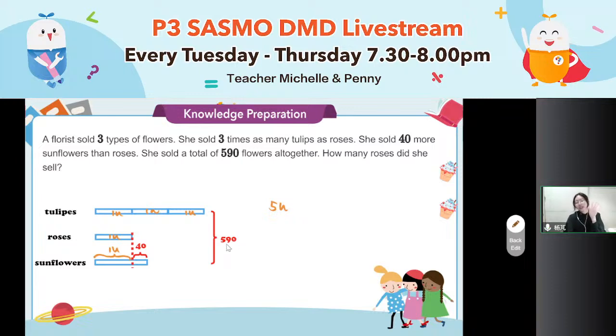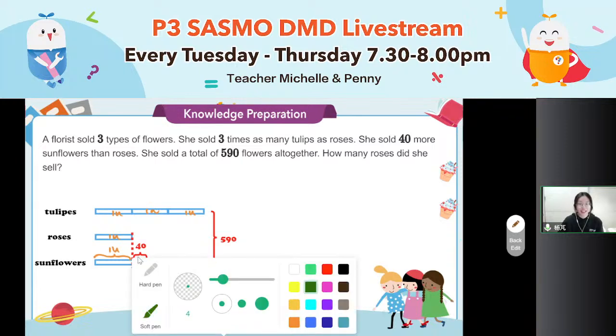Can you find the total number of these 5 complete units? Obviously, it's not 590. 5 units equal? Yes, excellent. For 5 units, we need to use the total number minus 40. Why?